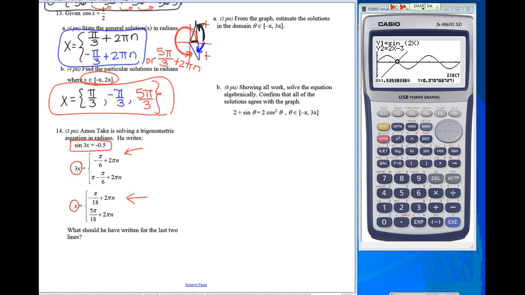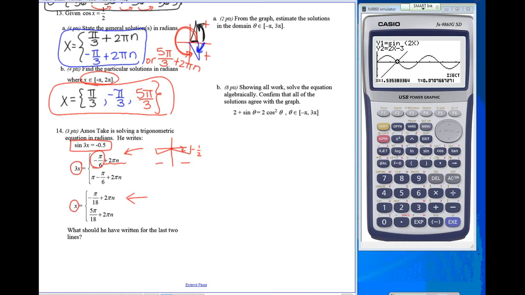Well, first of all, let's just double check. If I were to solve this question, where is the sine equal to negative 1/2? The sine is negative down here on the bottom. If it's going to be negative 1/2, that's the 30-degree reference angle. So this angle I could call negative pi over 6, so that looks good. Plus 2 pi n would be the period for a regular sine function, so that's good.